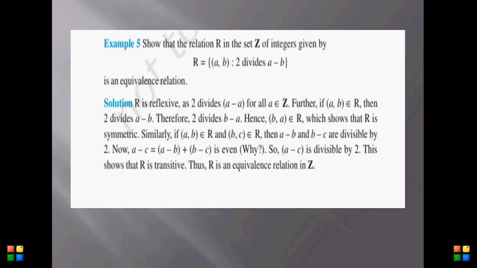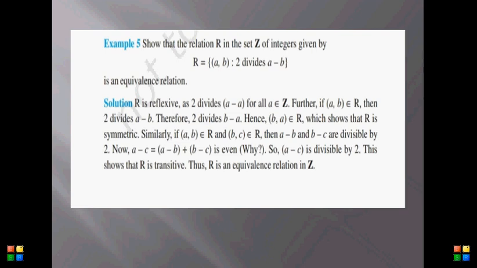Further, if (a, b) belongs to R, then 2 divides a minus b. Therefore 2 divides b minus a also. Hence (b, a) belongs to R, which shows that R is symmetric. Similarly, if (a, b) belongs to R and (b, c) belongs to R, then a minus b and b minus c are divisible by 2.